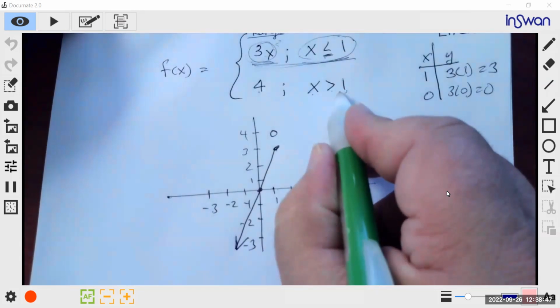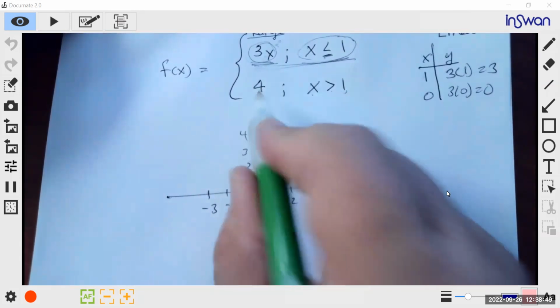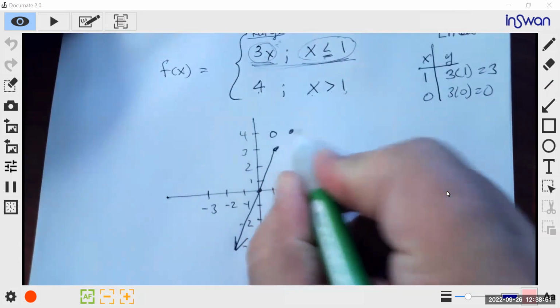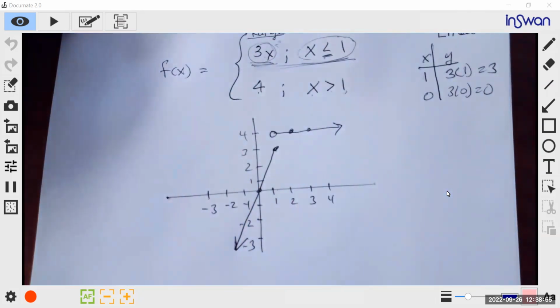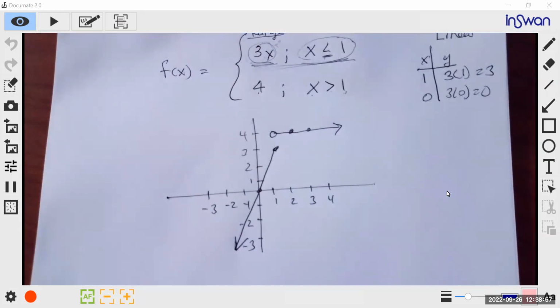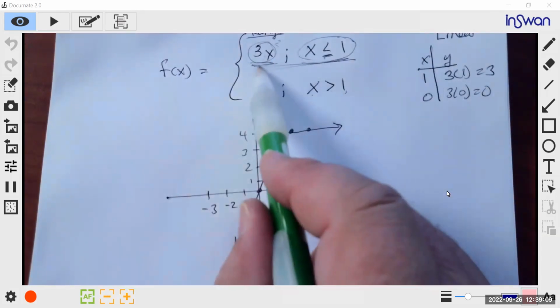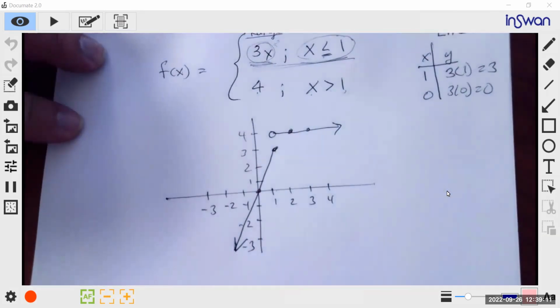When x is 2, what's the answer? 4. And then x is 3, so it's a horizontal line. So there's the graph there for that one. Pretty straightforward. The only thing you have to remember is you have to do them in pieces.